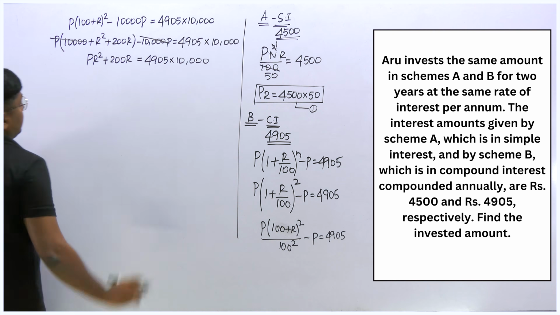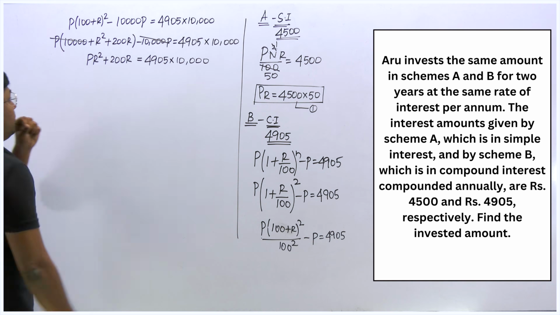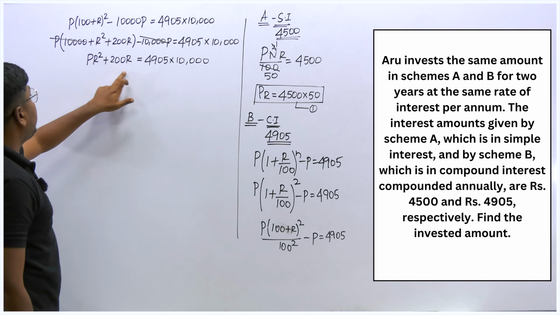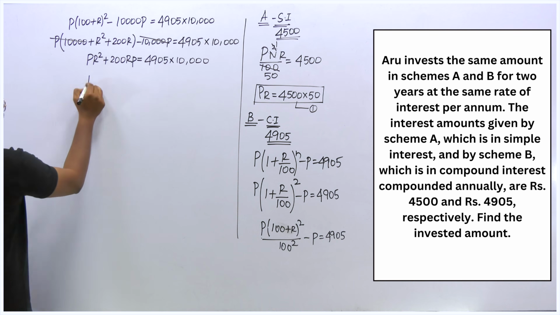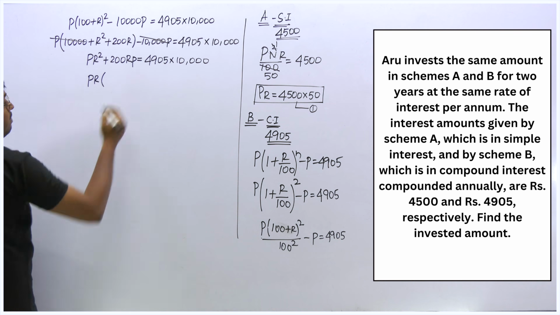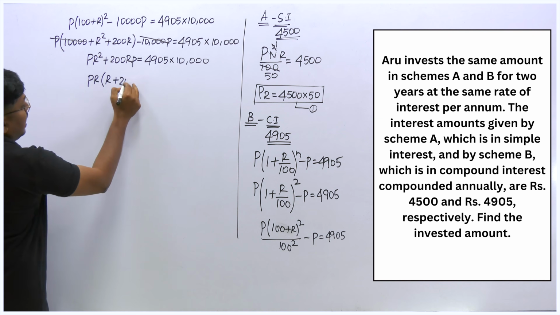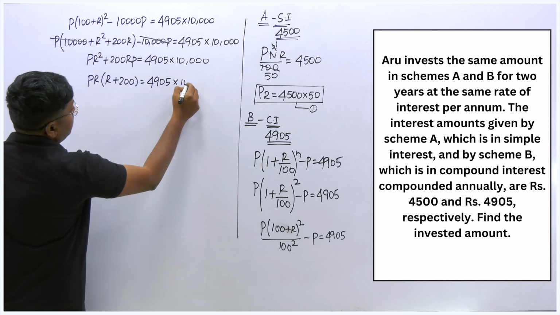So now here PR square, 200 R, I think we can take, let's see, PR square. Okay, just a moment, we have to multiply P here. I think we can take PR common. Once you take PR common here, so here we have only R, and then here we have 200 is equal to 4905 into 10,000.